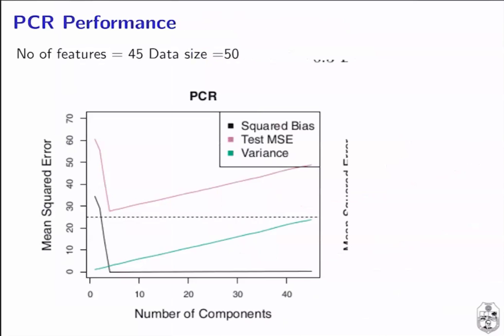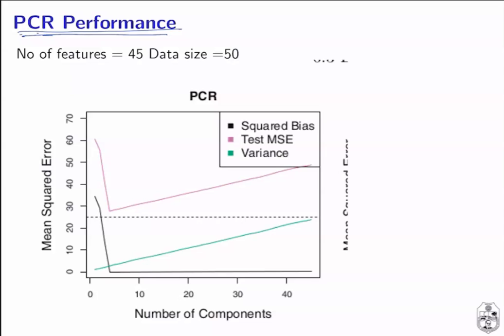Now on this slide I am explaining PCR, which means principal component regression, a regression carried out using the principal component analysis method. The performance of the PCR in terms of the number of different components is shown on this slide.